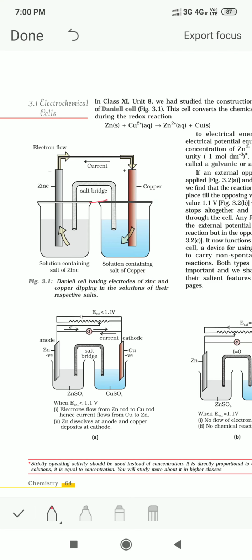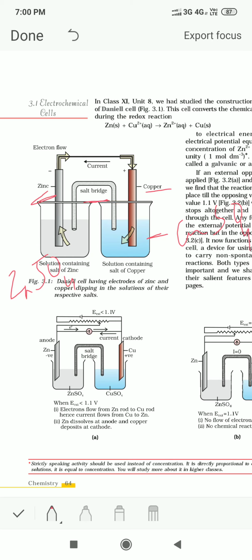Now the two half cells are a zinc rod, which is present in a solution of zinc sulfate, and a copper rod which is present in a solution of copper sulfate. Now the two solutions are connected by a salt bridge.